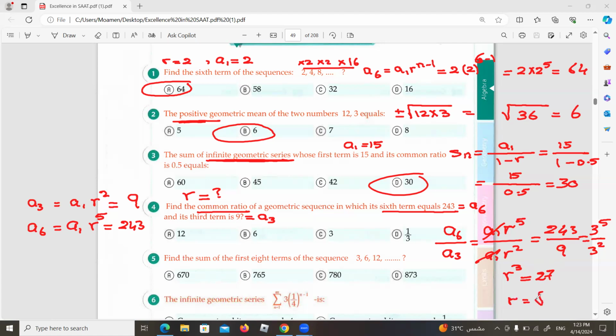So you have R equals 3, and we get the result. So if you have a problem like this, just write the equation of the first requirement, the equation of the second requirement, divide them together, and get the answer as you see.